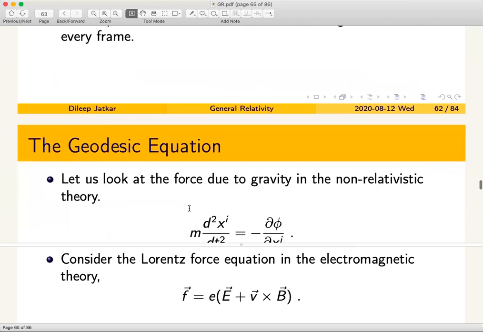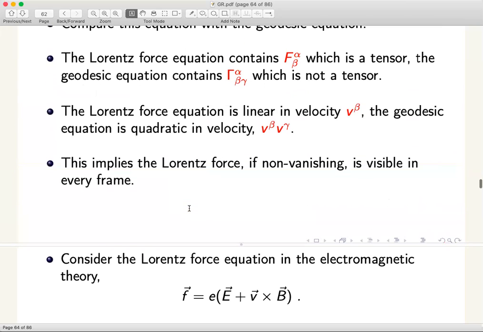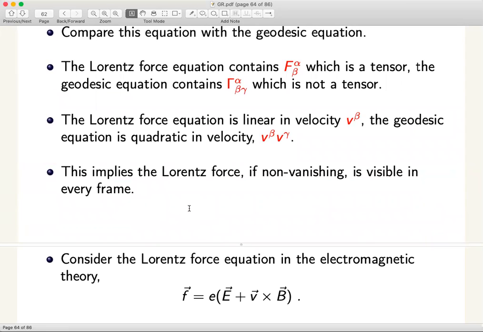So in that sense, in the relativistic formulation, the behavior of gravity is different from the behavior of electromagnetism, in the sense that the equations satisfied by electromagnetism are tensorial equations. If you see an electromagnetic force in one frame, you will see that force in every frame, no matter what you do. On the other hand, gravitational force is not like that. Gravitational force is a non-tensorial quantity, and therefore there exists a frame in which you could nullify the effect of gravity.